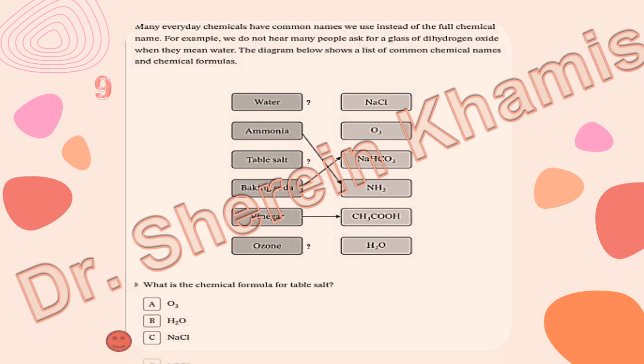The chemical formula of sodium chloride, or table salt, is NaCl. We also have baking soda, and vinegar, CH3COOH. This is acetic acid, or vinegar, that we use in the kitchen. Ozone, we have this in the next question. Okay, let's continue our question.